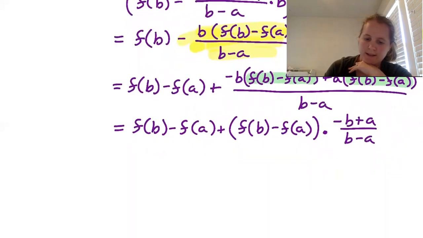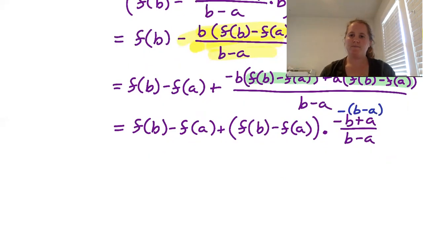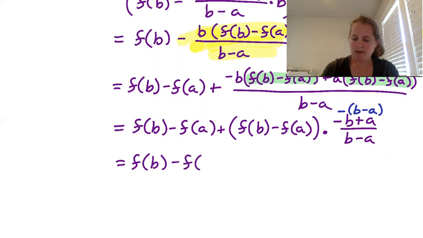Negative b plus a is just negative b minus a in parentheses. So that last fraction is just negative 1. So we are looking at f of b minus f of a plus negative 1 times f of b minus f of a.